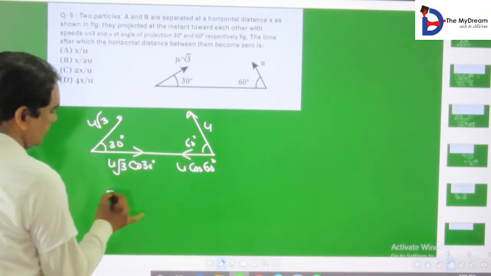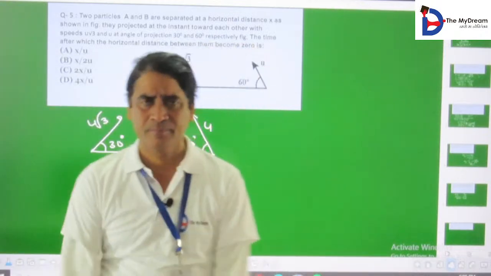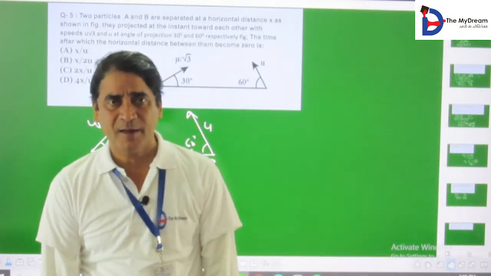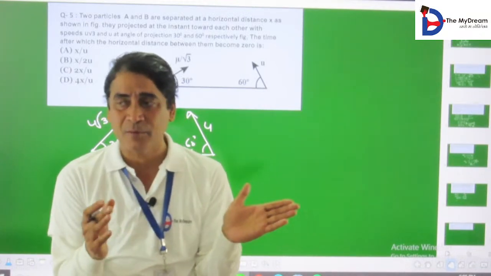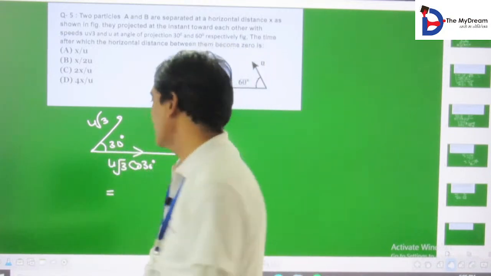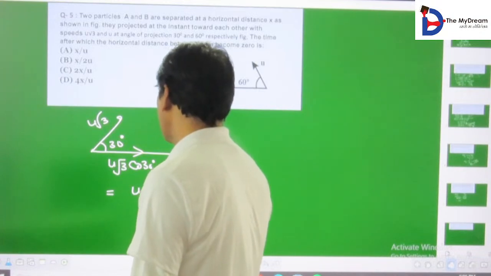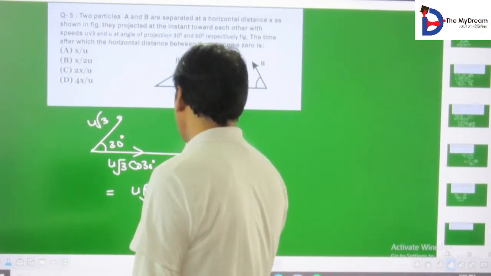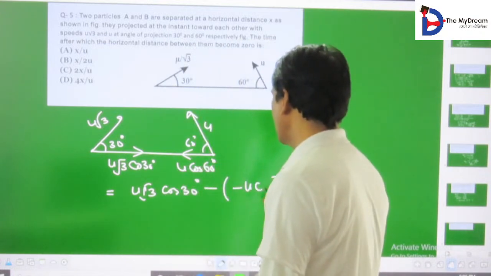So you can also say the velocities add up. If both of them are moving in the same direction, then we discuss the difference. So here, u√3 cos 30 minus u cos 60.